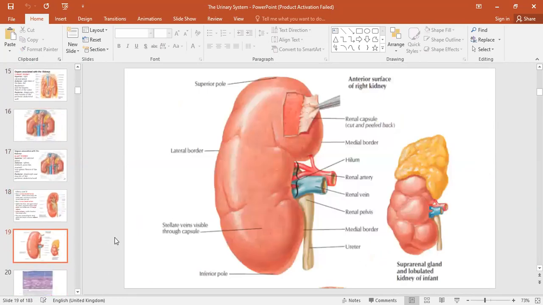As long as the child is at this stage, the functionality differs. The mature kidney is more efficient and effective than the kidney of an infant. Around the second year of life, that's when all lobes disappear, and the physiological aspect of the kidney is almost equivalent to that of an adult. That is second year going up.